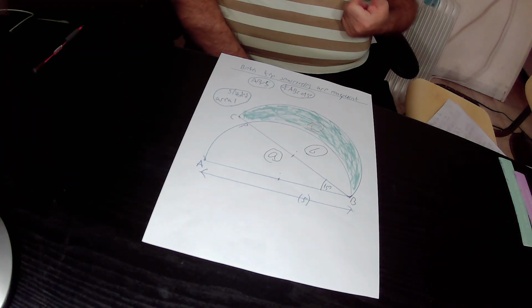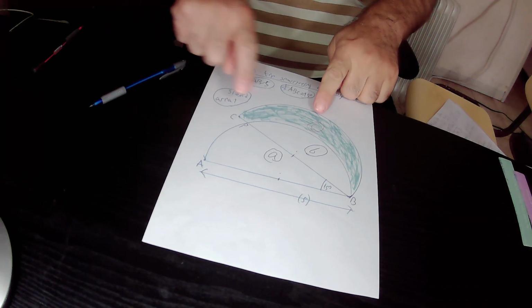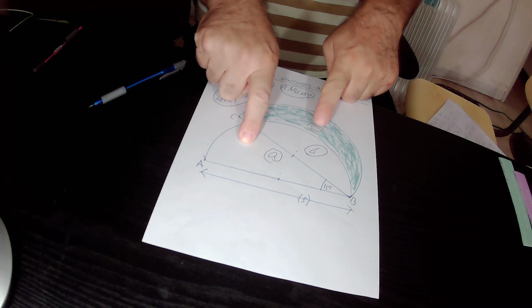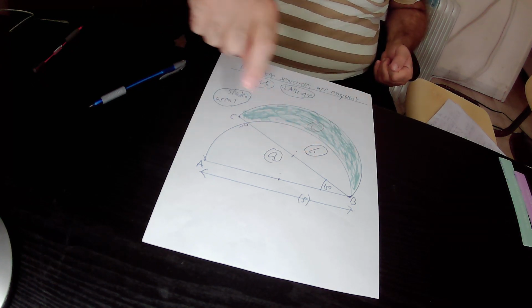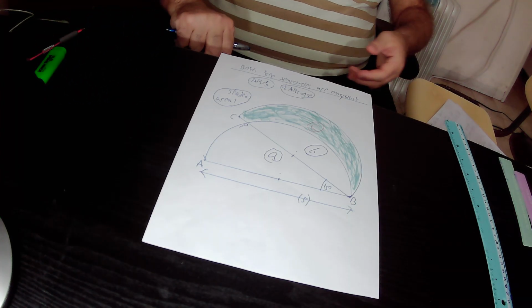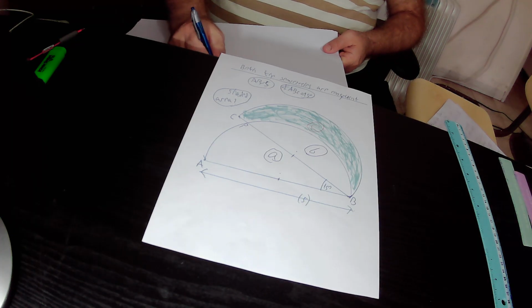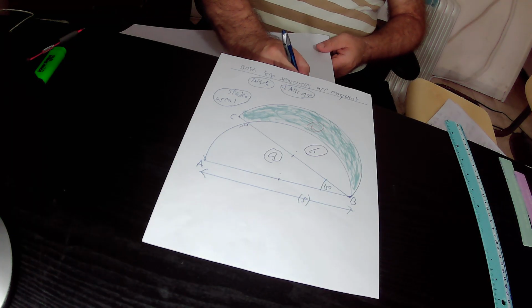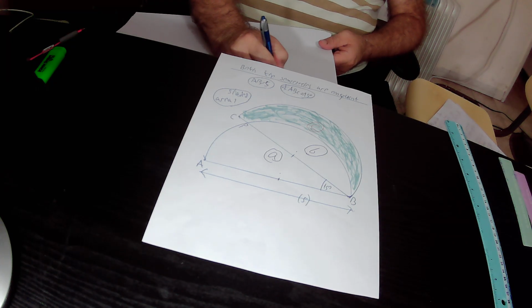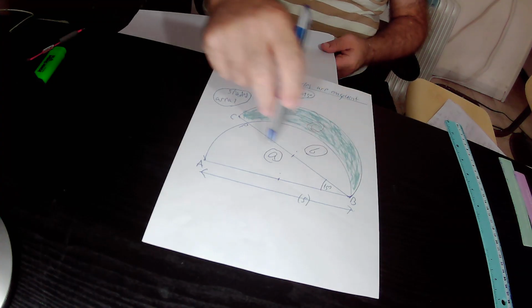As I already mentioned before, because those two semicircles are identical, they must also have the same areas. That is to say, the area of this semicircle AB must be equal to the area of this semicircle CB.